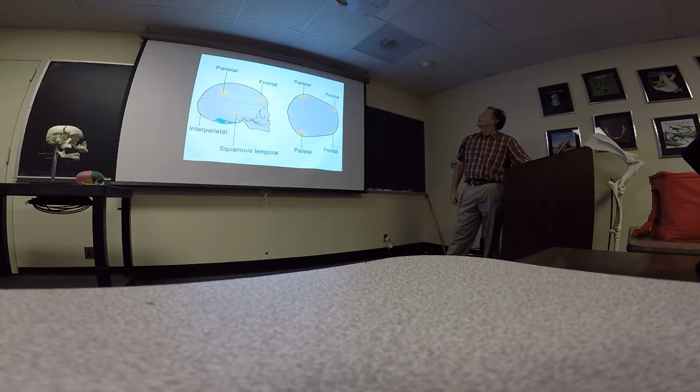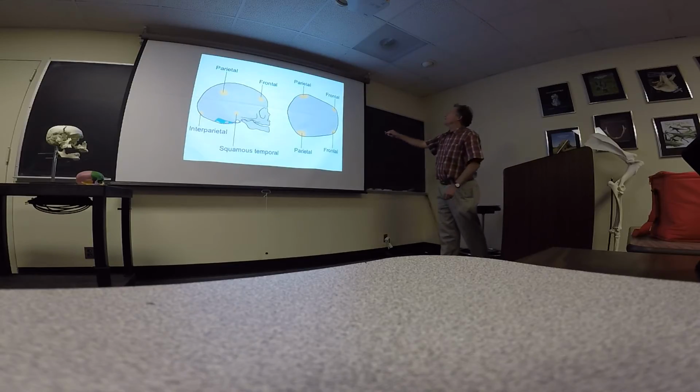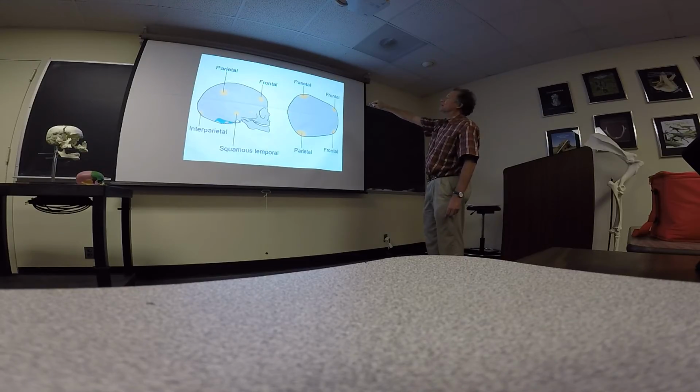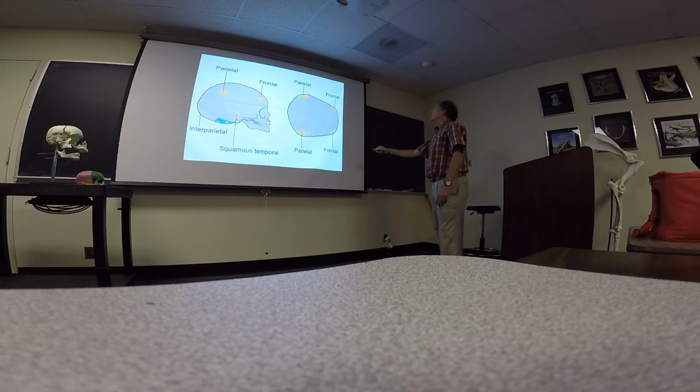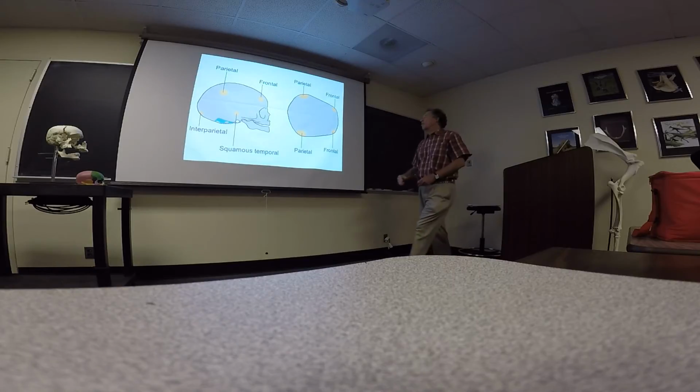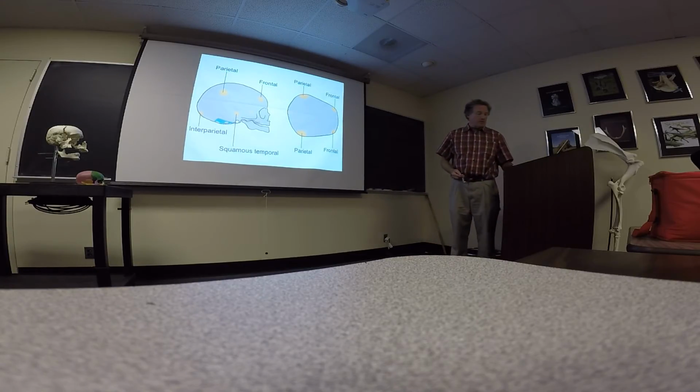Okay. So here are some of these membranous bone areas. There's a center in the parietal area, a center in the frontal bone, and an interparietal area back here where the parietals join the occiput. These bones are not preformed in cartilage, so you don't start off with cartilaginous things that are replaced by bone.